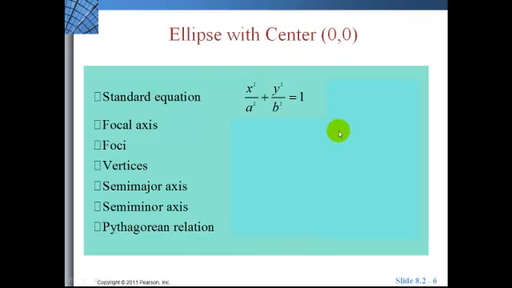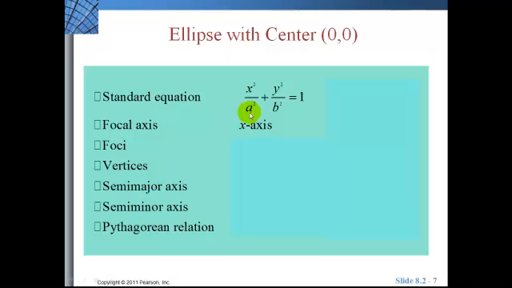So here are our equations. This is our toolbox for ellipses. This is ellipses with a center at 0, 0. Our standard equation is x squared over a squared plus y squared over b squared is equal to 1. This is an equation for the focal axis being on the x-axis. The x squared will be over the a squared, the y squared over the b squared.